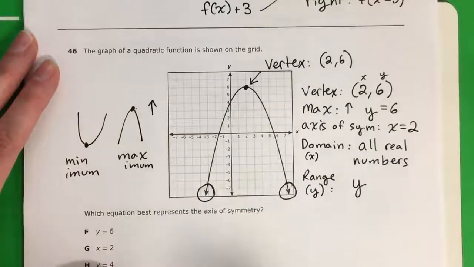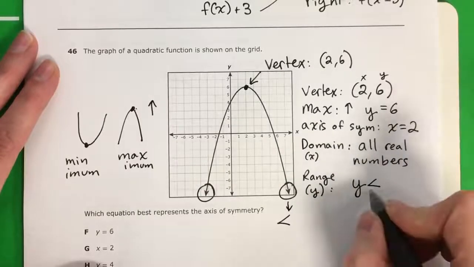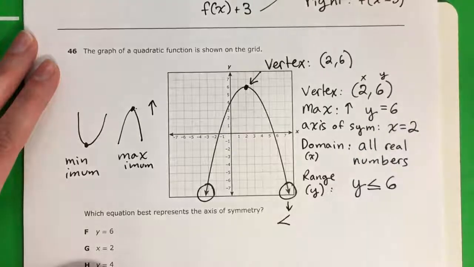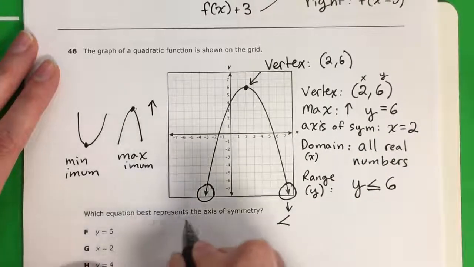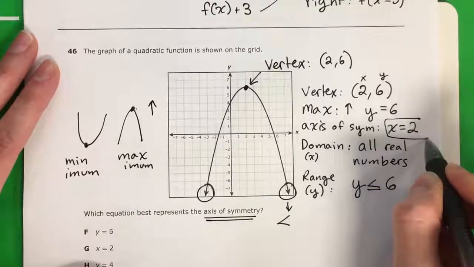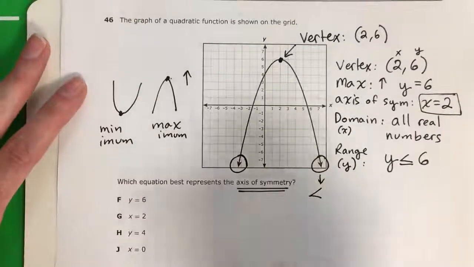The arrows are down. Down means less than, so I'm going to put less than with a line, less than or equal to. My y is 6. So there's my range. Now they wanted which equation best represents the axis of symmetry. That is x equals 2. So that is G.